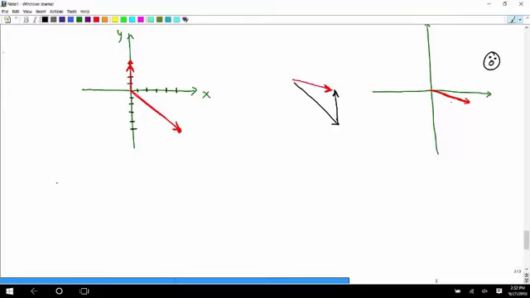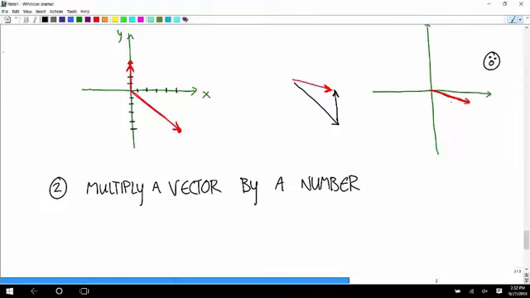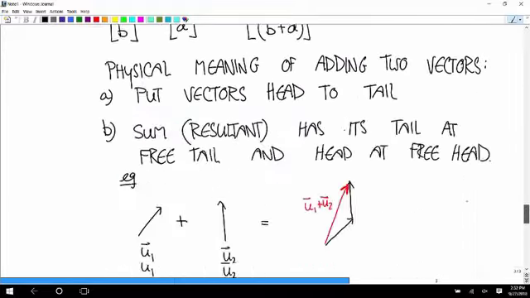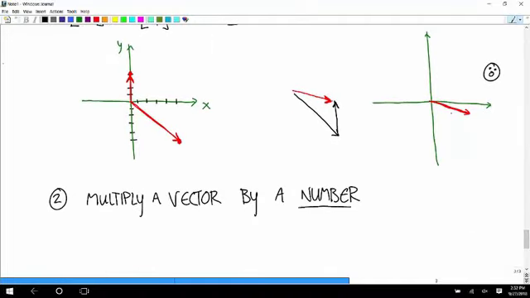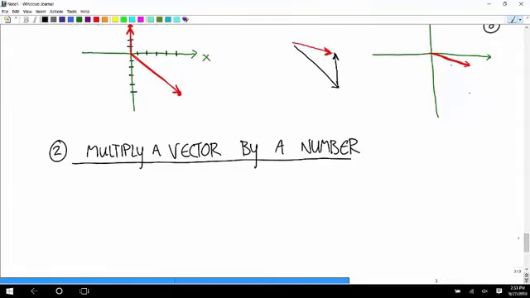Okay, the second kind of calculation we're going to do is multiplying a vector by a scalar, by a number. And mathematically, when you do it in components, that isn't like adding, it's an easy calculation.